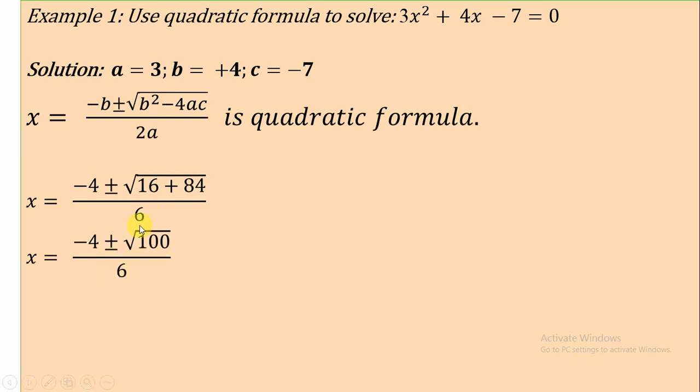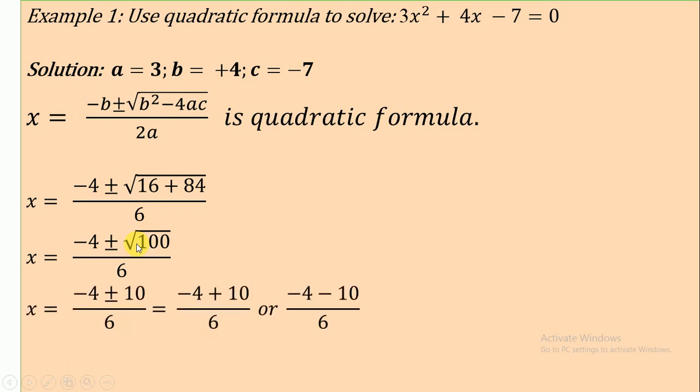The square root of 100 is already 10, and that helps us to break this further. And we have minus 4 plus 10 over 6, or minus 4 minus 10 over 6. And finally, we get the solution of x to be 1 or minus 7 over 3, because minus 14 over 6 is the same thing as minus 7 over 3.